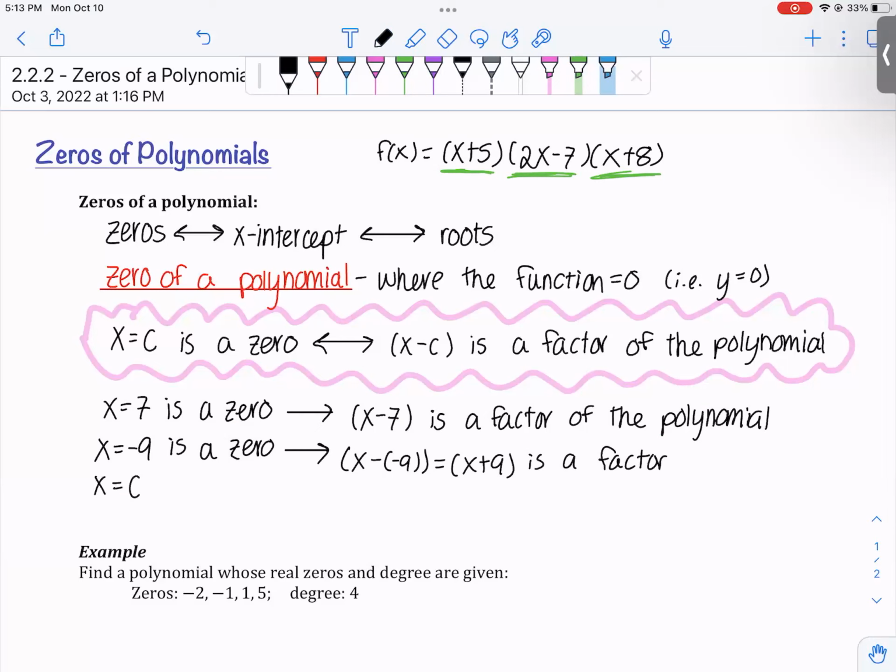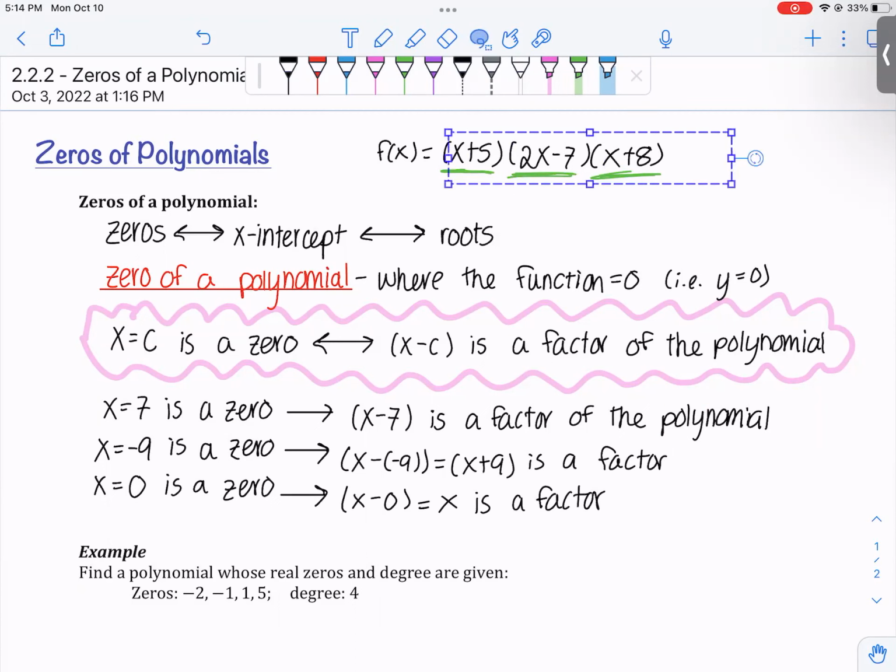If 0 is a zero, and I understand that sounds funny, but if there's an x-intercept at 0, that means that x minus 0, which would simplify to just x, is a factor. What if I do this?